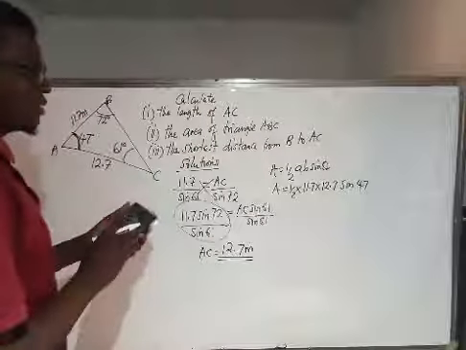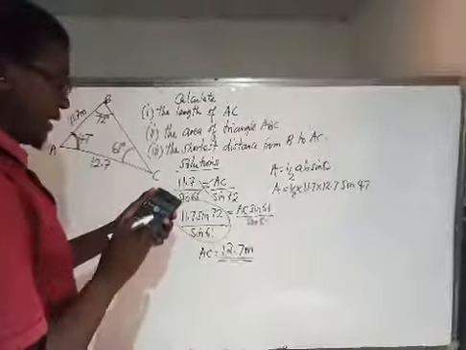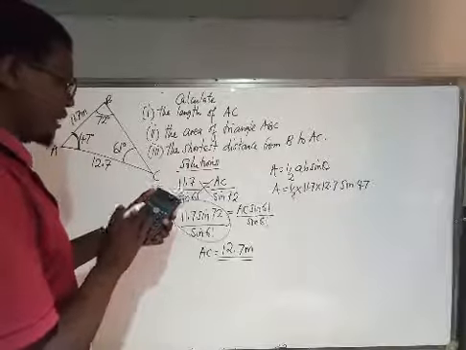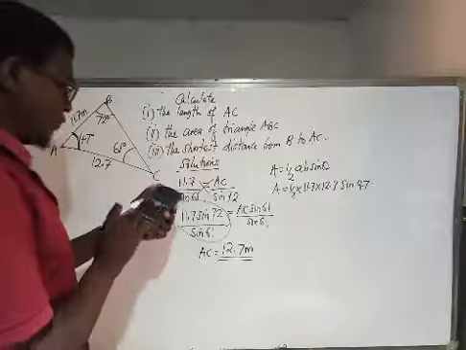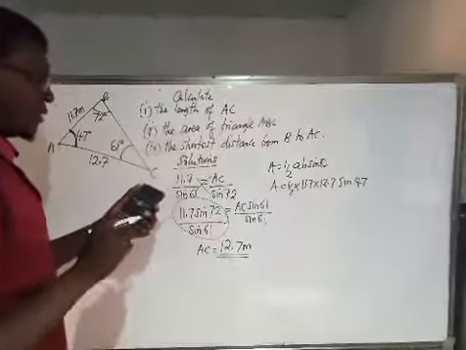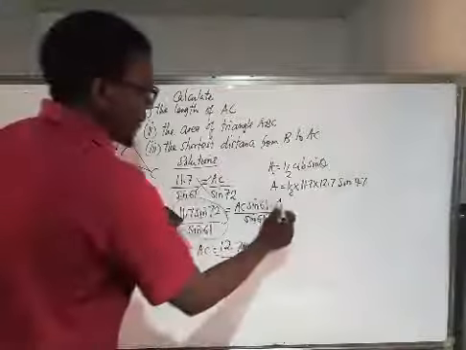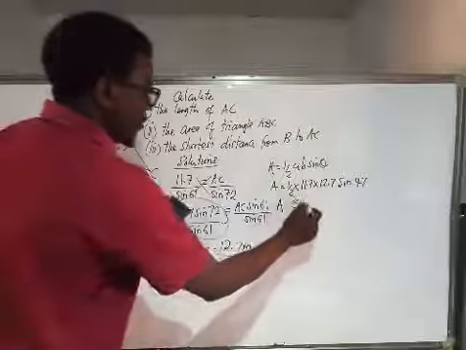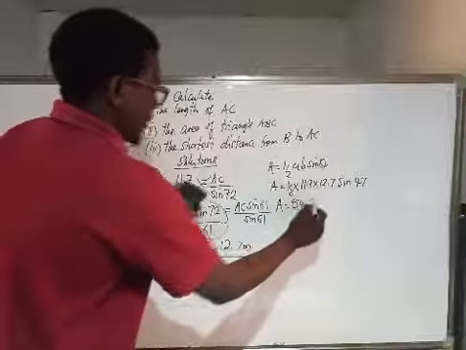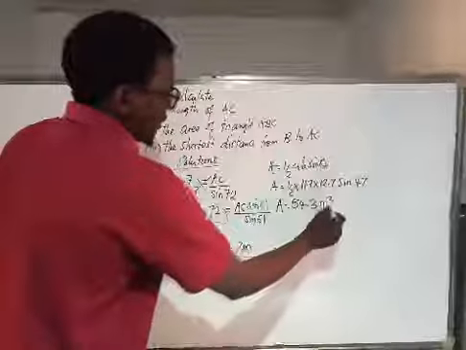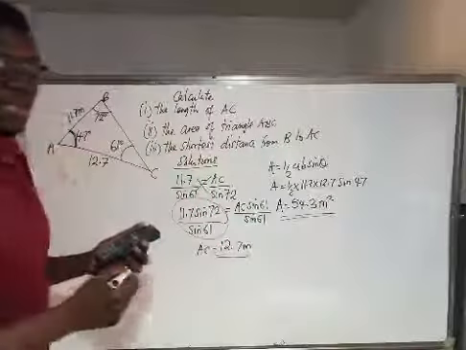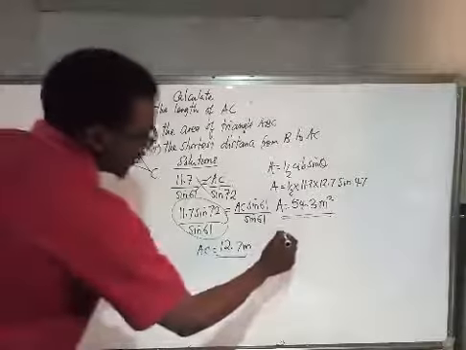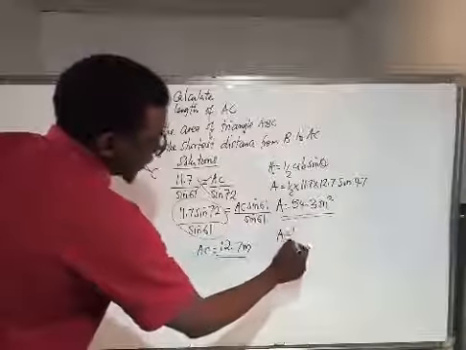So you just punch this on your calculator: 0.5 times 11.7 times 12.7 sine 47. So this will give me area equal to 54.3 square meters.